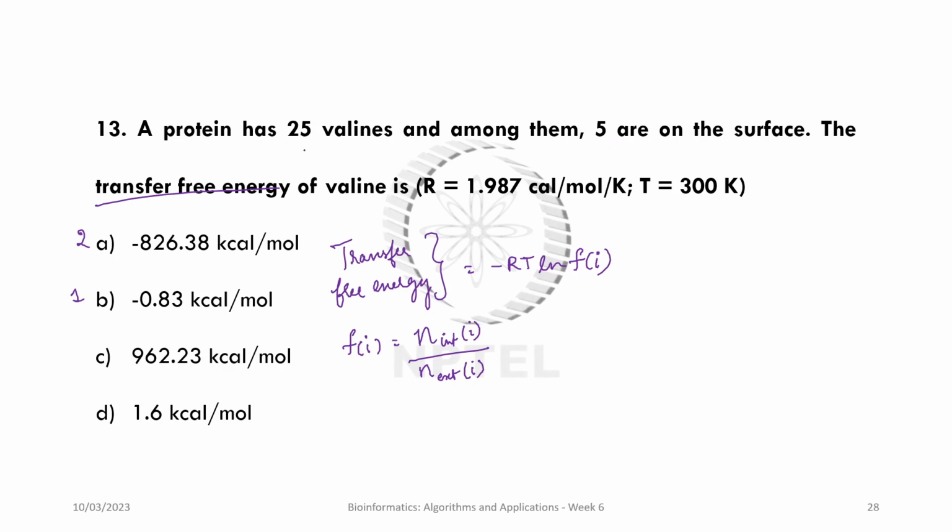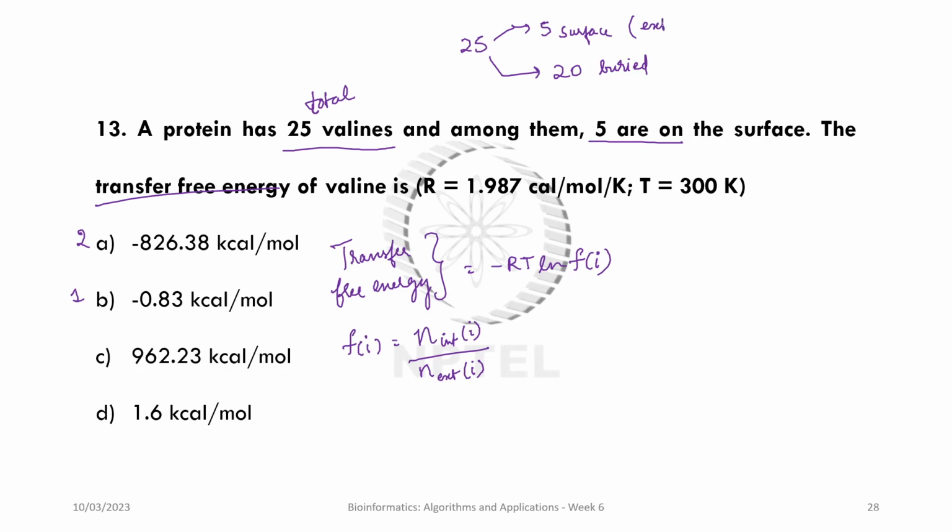Now in the question you have said that there's a total of 25, right? And among them, 5 are on the surface. So in 25, if 5 are on the surface, then 20 should be buried, right?